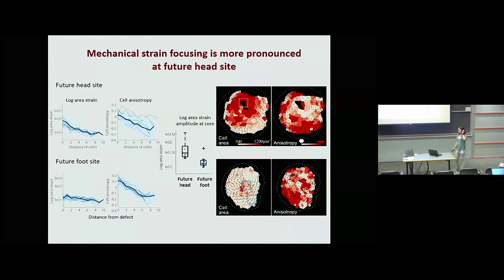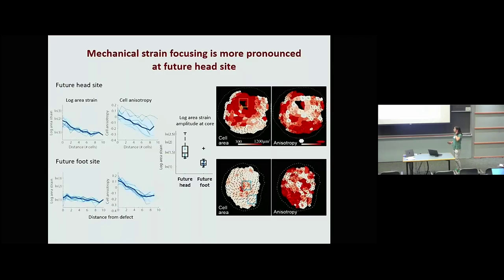Okay, so we also wanted to look at how the strain or the deformation looks as a function of the distance from the defects in more detail. So what we did is we took all these events and looked at the deformation as a function of the distance, and again comparing what is above, the future head site, with below, the future foot site.